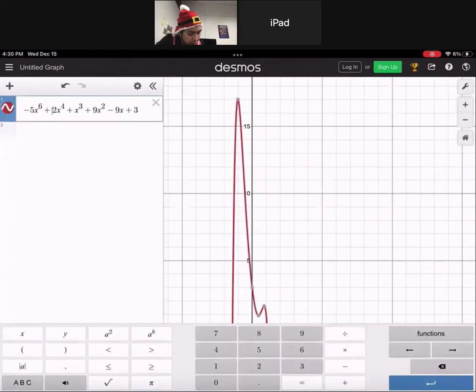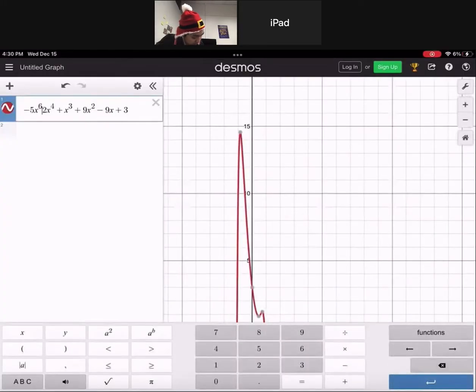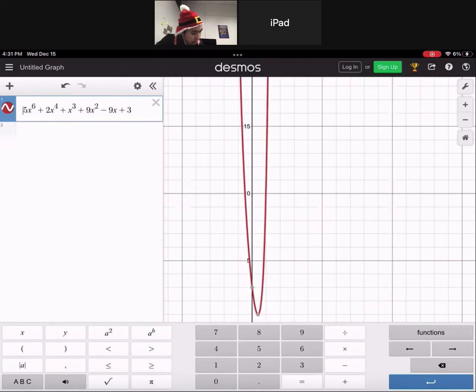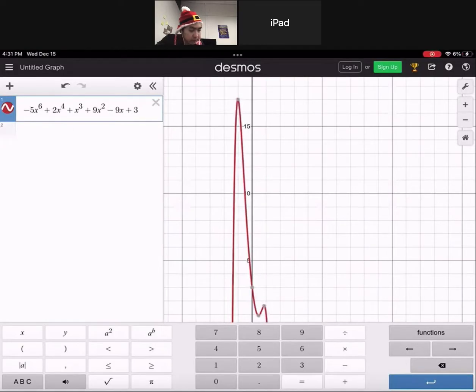If you change the minus and plus signs, notice it will change your curve. So you can decide how you want your plus and minuses to be, but as you can see, doing the plus and minus signs will change the curvature.